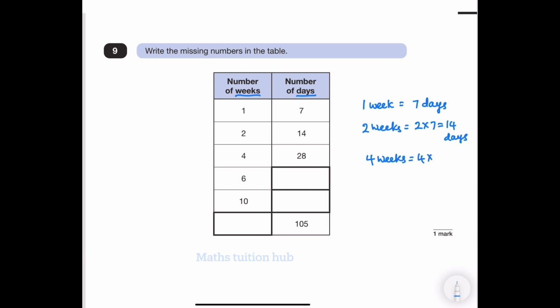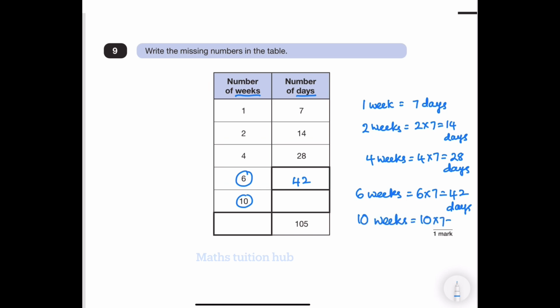That means 4 times 7 is 28. And now 6 weeks. 6 weeks is equal to 6 times 7, which is 42 days. 10 weeks, 10 times 7, 70 days.